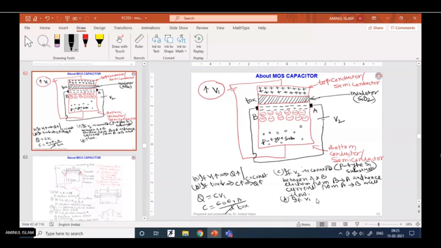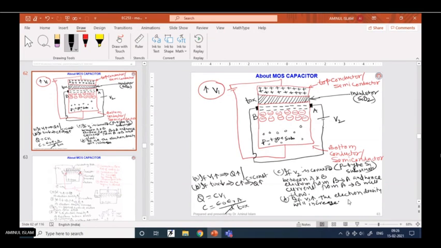As V1 increases, the electron density, meaning the number of electrons between A and B, will increase, because the positive charge density at the top plate will be increasing.